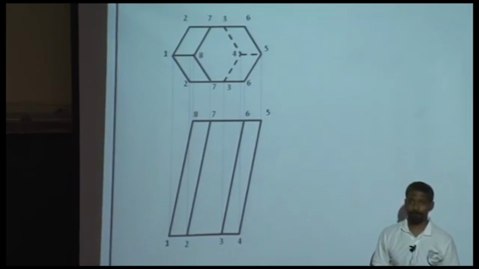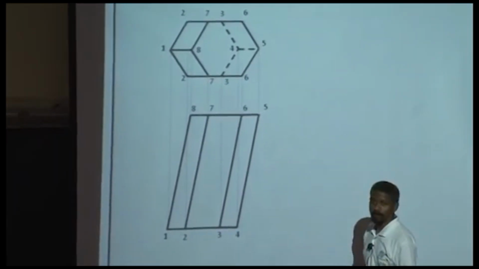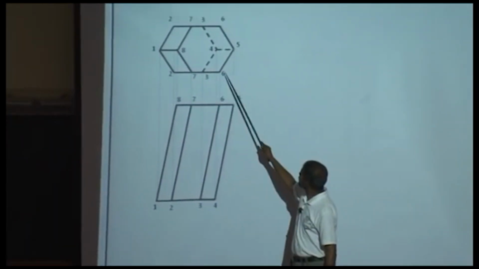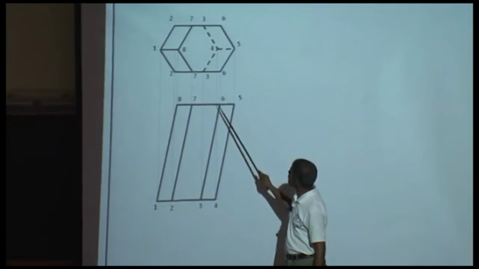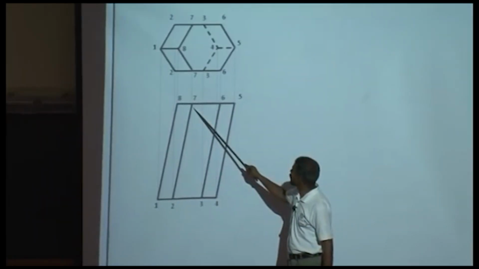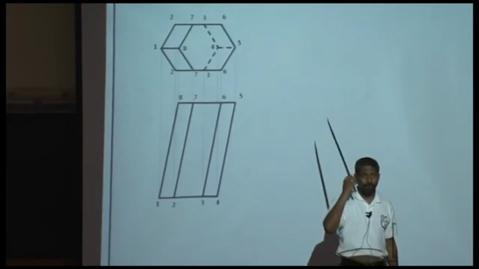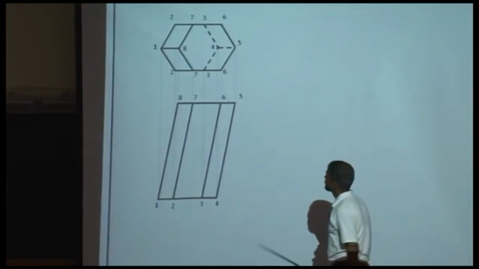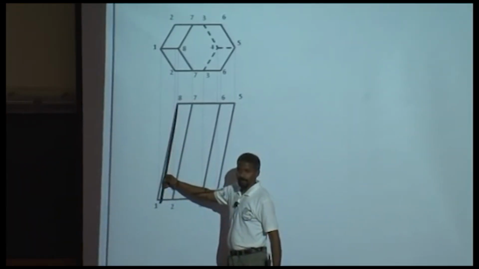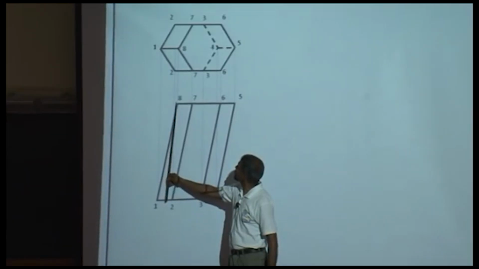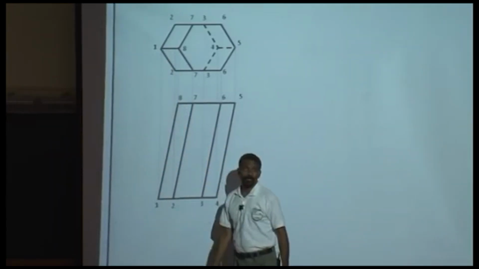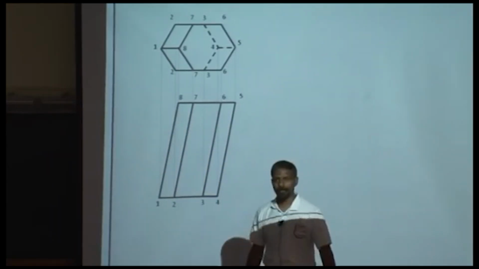What else? 6, 7. Well, that's in true length also because horizontal, horizontal. Once again, any other? 1, 8. Yeah, so you see this projection and the corresponding projection for this is horizontal over there. So you have a bunch of edges which are in true length.